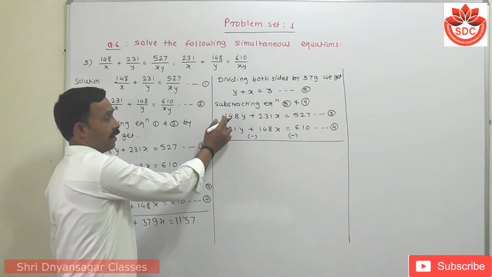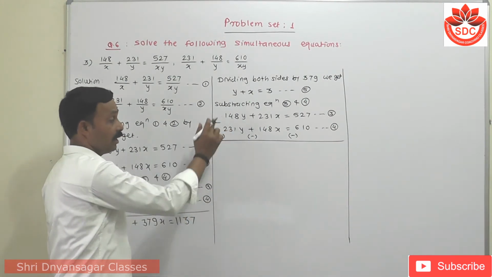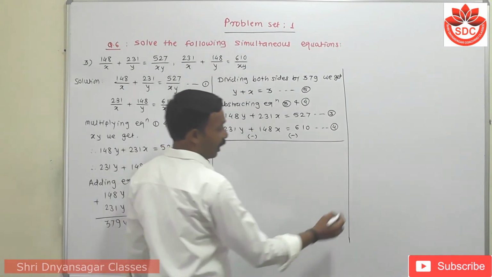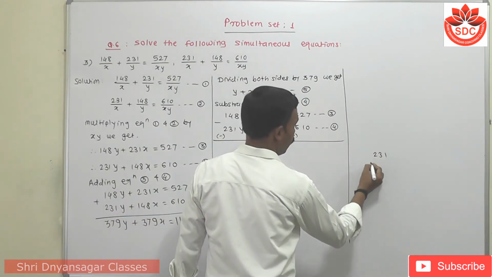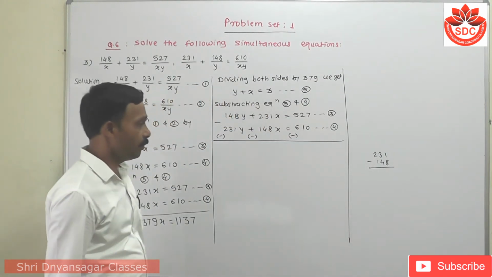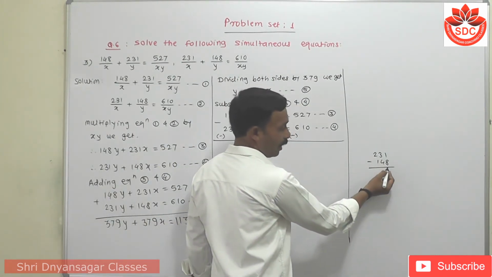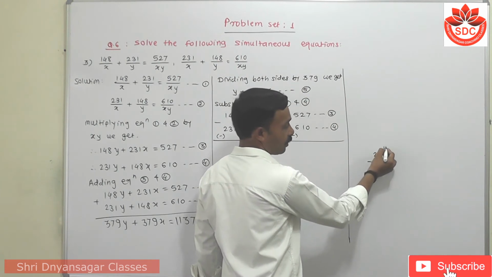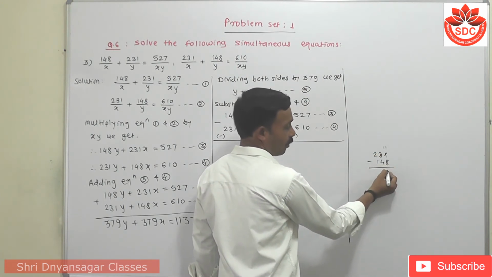Now we have to subtract 148 from 231. I have to take its calculation here. 231 minus 148. Student, we cannot subtract it, so take a carry here, so it becomes 11. 11 minus 8 becomes 3.